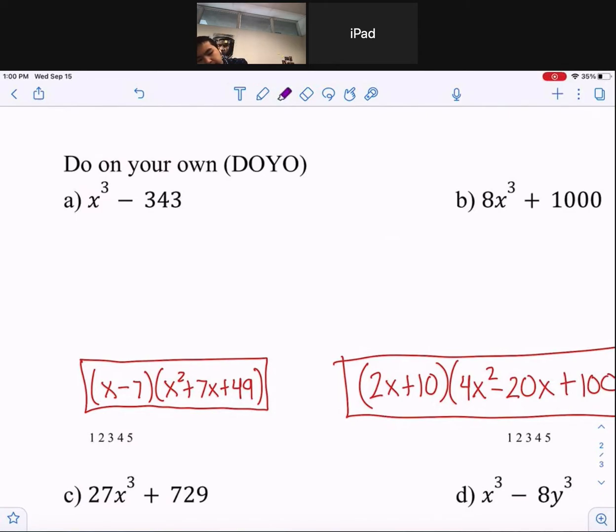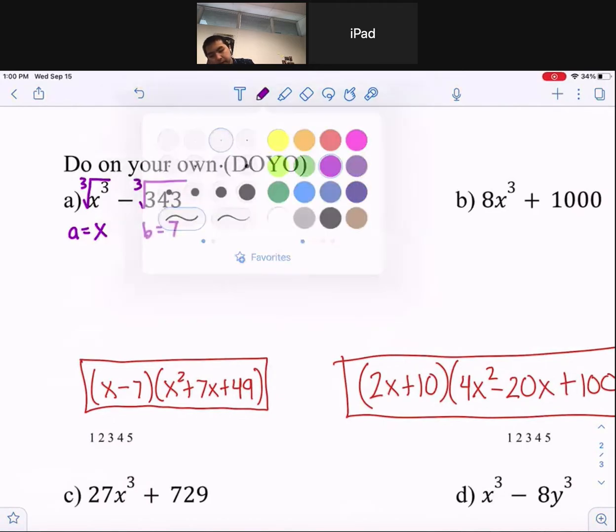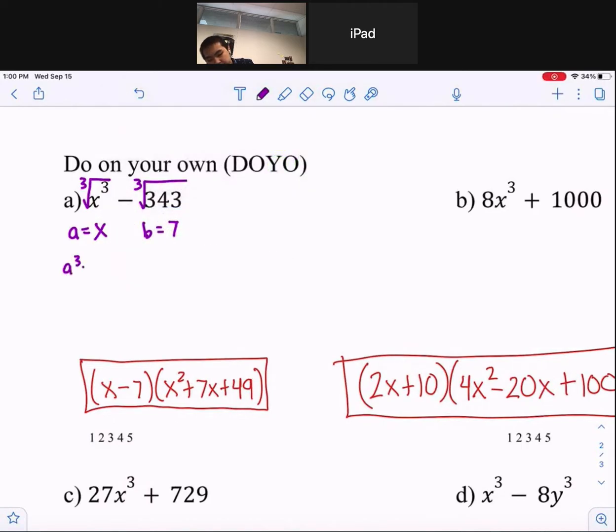Welcome back, and now you try this out. These are both cube roots, they're both perfect cubes, so we're going to take the cube root of both of them. A is equal to x, b is equal to 7. Now I'm going to write these formulas down, and I'm just going to drag them if I need them, right?